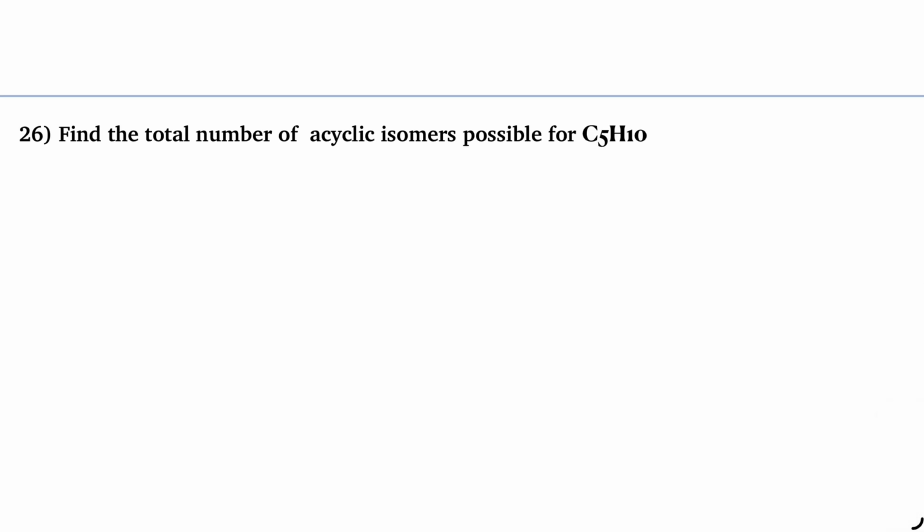Next, find the total number of acyclic isomers. Acyclic isomers, open chain compounds, is what is asked. C5H10. One more important point, he is asking for total. Total number means we need to consider structural isomers and stereoisomers. Be very careful. C5H10, degree of unsaturation, that is double bond equivalence, is equal to 1.